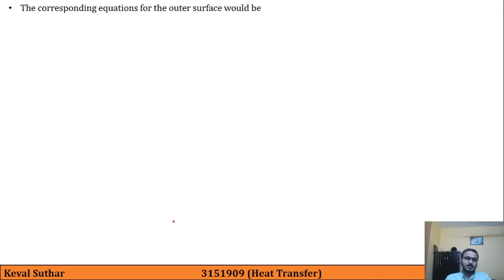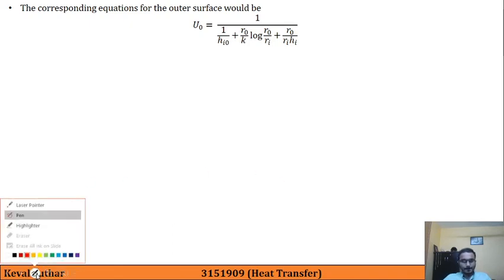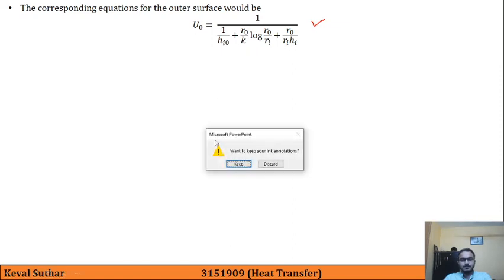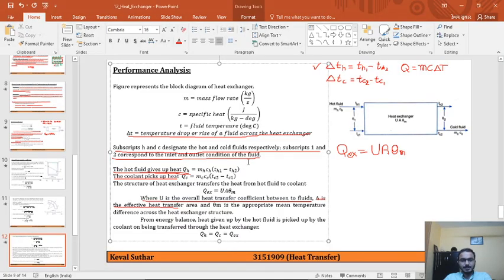Now suppose we need to write down the corresponding equations based on the outer surface. Then UO will be like this. Here we will again neglect this. There is a correction here.